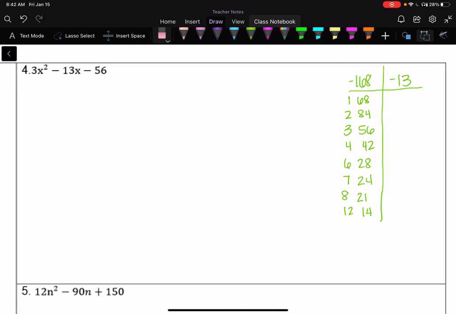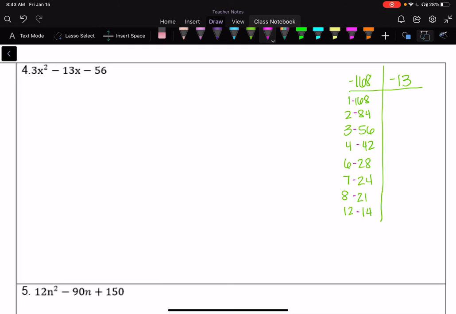However, when I multiply to get a negative, I need one positive and one negative. So between one positive and one negative, and the larger being a negative, I'm going to mark all of my larger numbers on the right hand side to be negative, and see what they add to be.